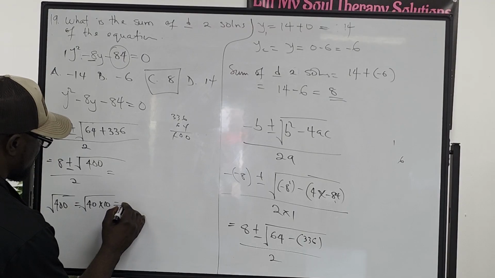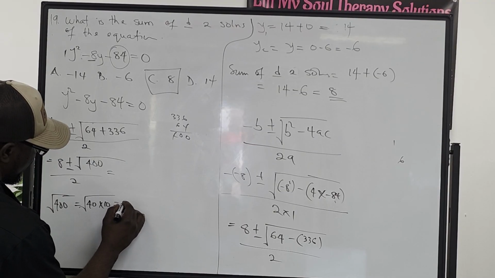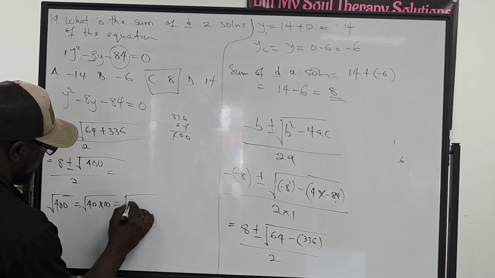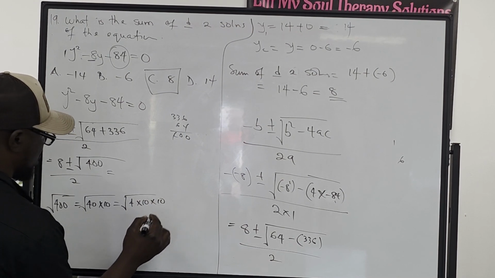And this one becomes 40. You can say this one becomes 4 times 10 times 10, right?